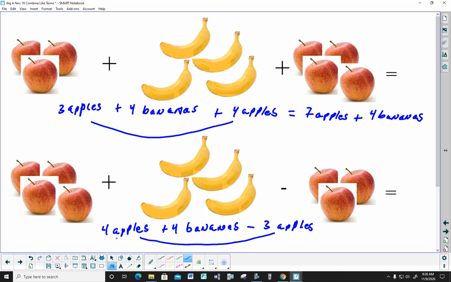So you would just go 4 apples minus 3 apples is 1 apple and 4 bananas. It's okay that there's this physical separation here. You can take the 4 apples and subtract the 3 apples from it.